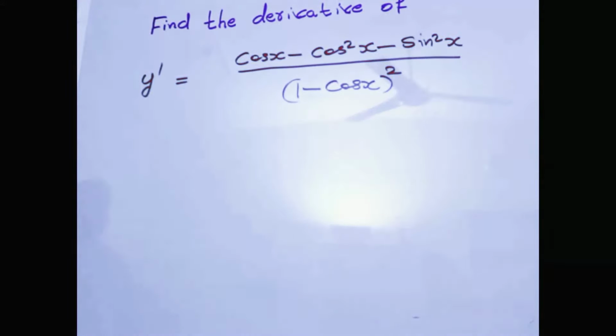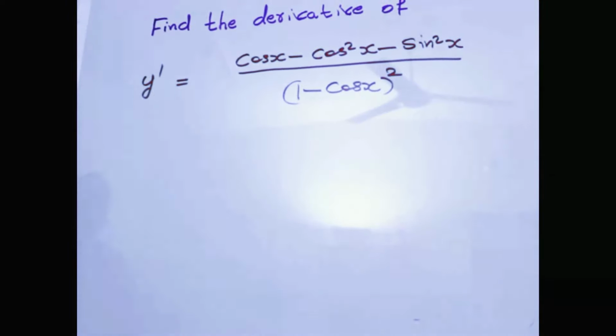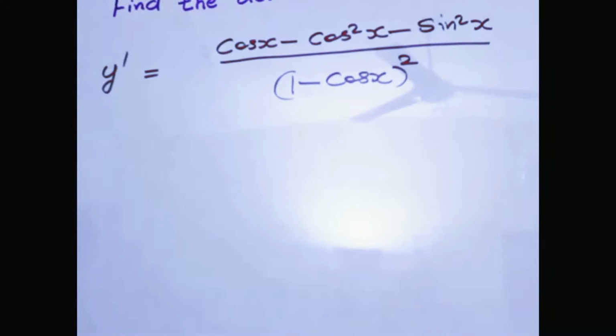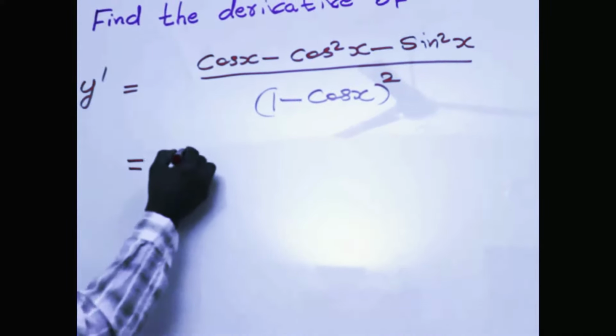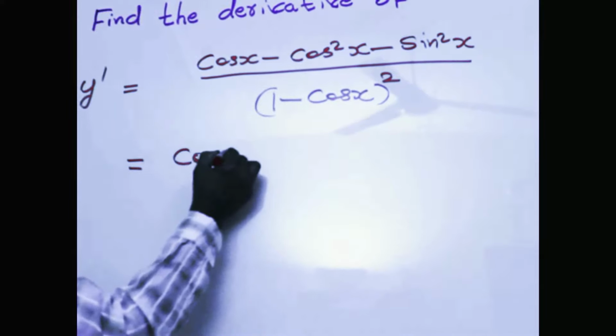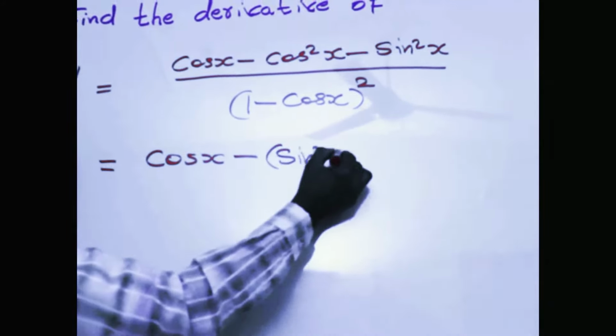So in the numerator we have cosine x minus cosine square x minus sin square x. We can common out the minus sign from both terms: cos x minus, in the bracket, sin square x plus cos square x.